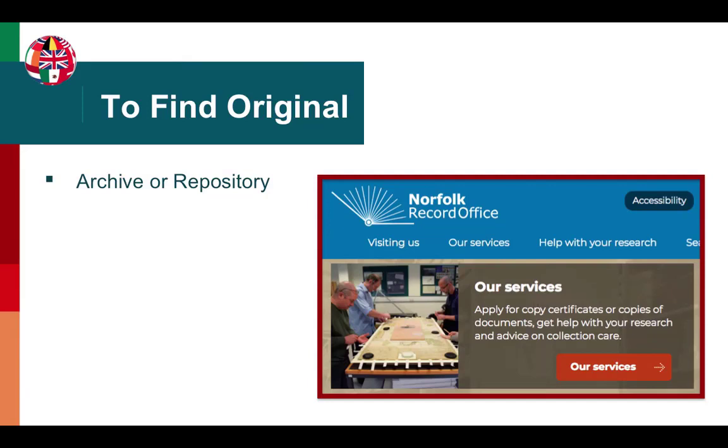Some of them are still not online, and so you may have to contact them through email or through snail mail. But it's worth the effort to get the original record to find out what other clues and information you can find out about the family that you're researching.